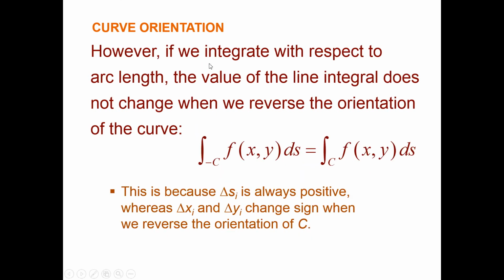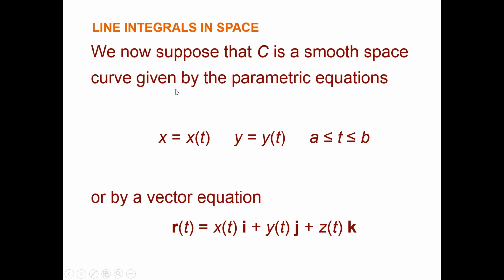However, if we integrate with respect to arc length, the value of the line integral does not change when we reverse the orientation of the curve. This is because delta s_i is always positive, whereas delta x_i and delta y_i change sign when we reverse the orientation of C.